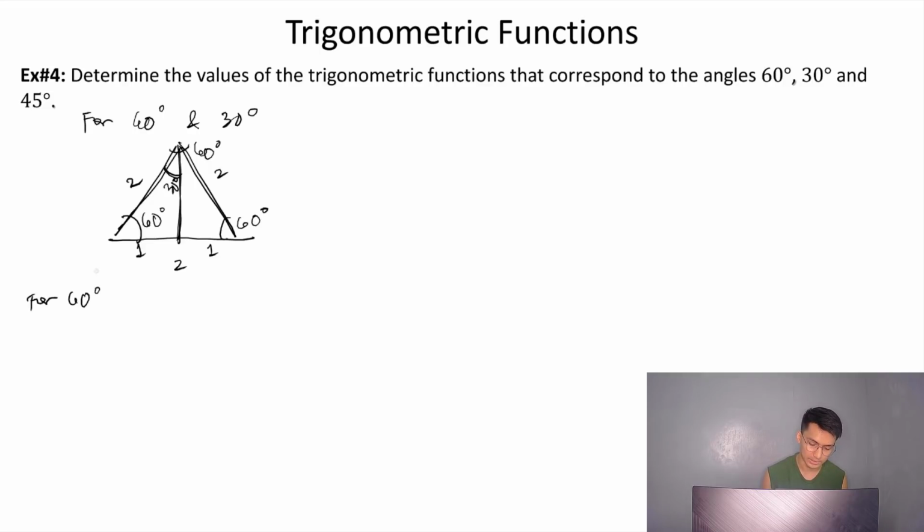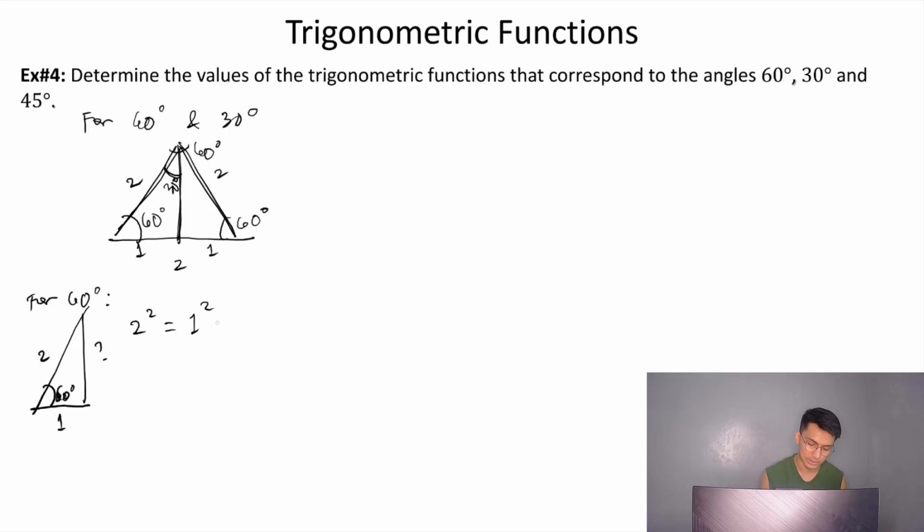For 60 degrees, these are triangle 1, 2, and the 60 degrees. Kaya lang, may kulang tayo na isang value ng side natin. Hindi natin alam itong opposite nung angle 60 natin. Again, if we have a missing value, we use the Pythagorean theorem. 2 as the hypotenuse, 2 square is equal to 1 square.